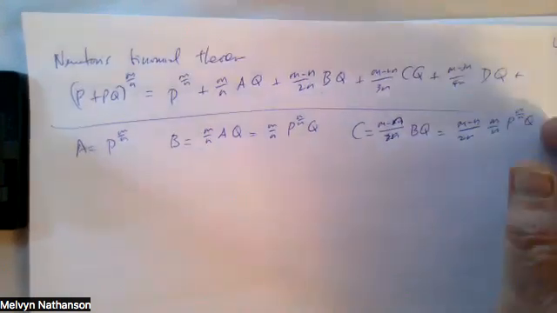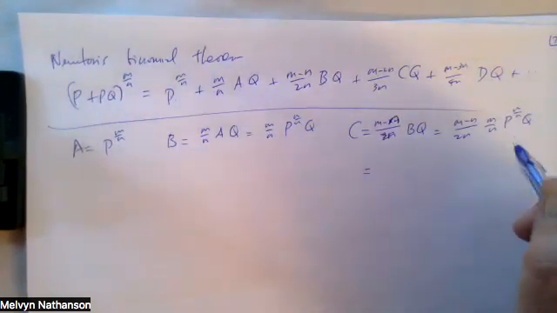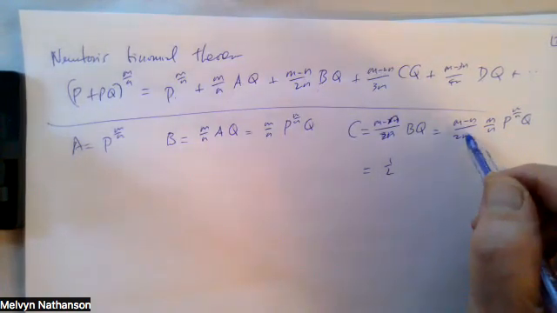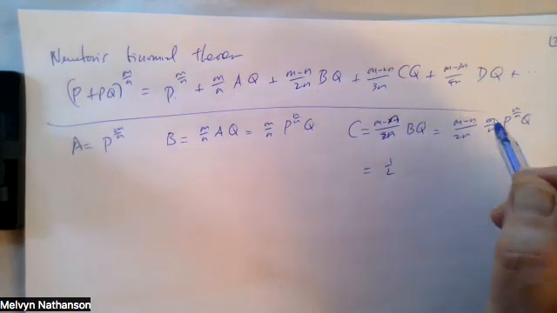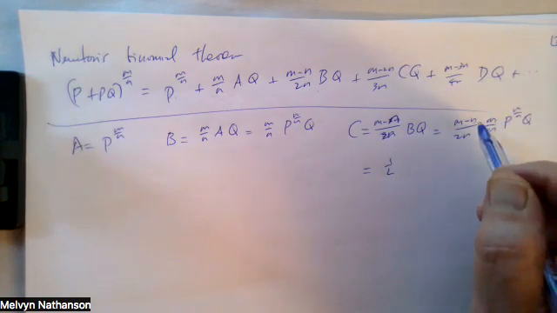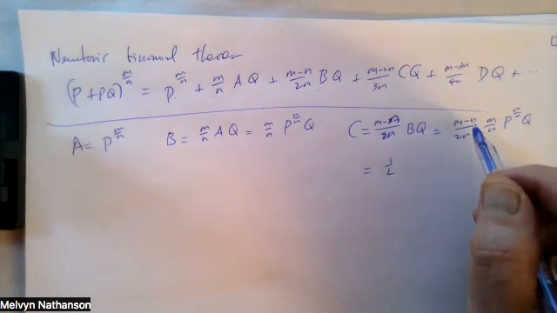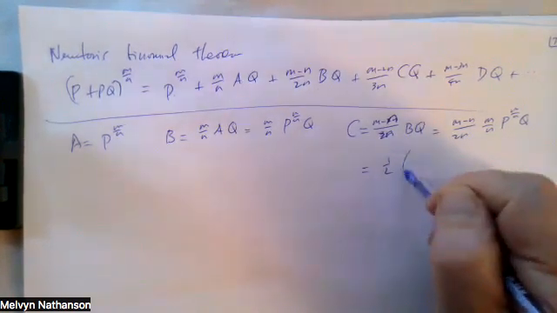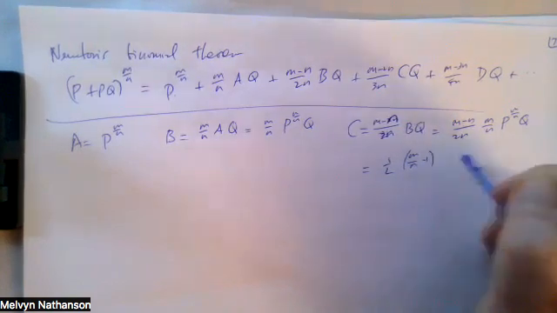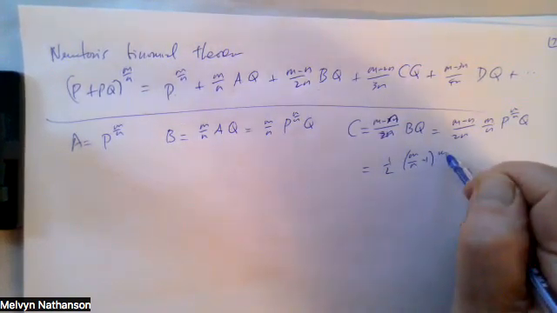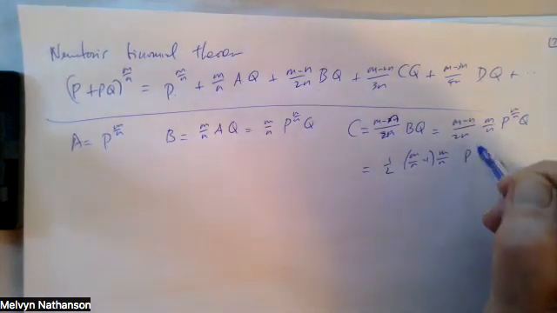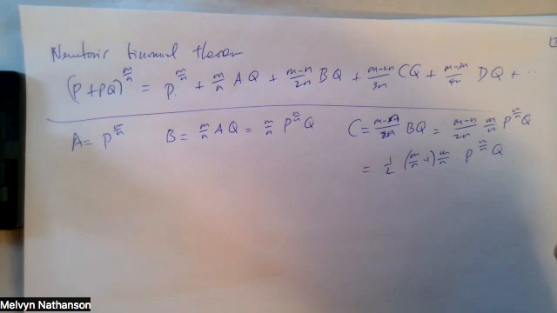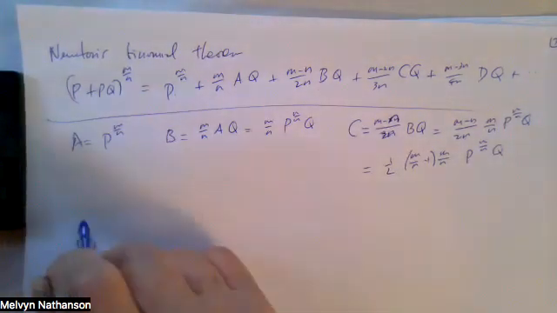Let me simplify C a little bit. C is 1/2 (m - n)/n, which is (m/n - 1), times (m/n) P^(m/n) Q. Let me do one more term.